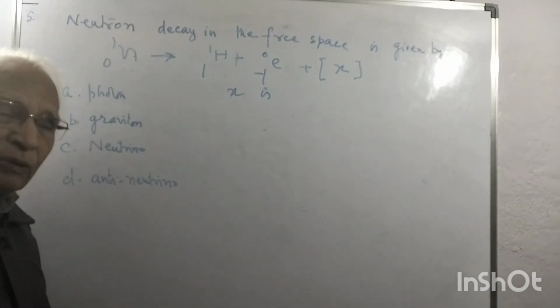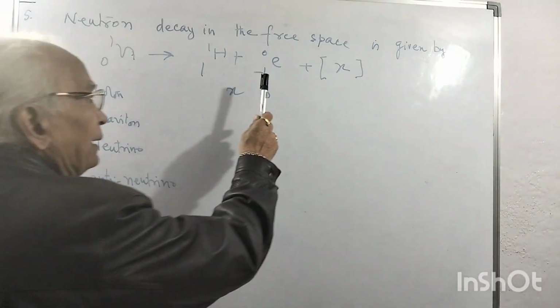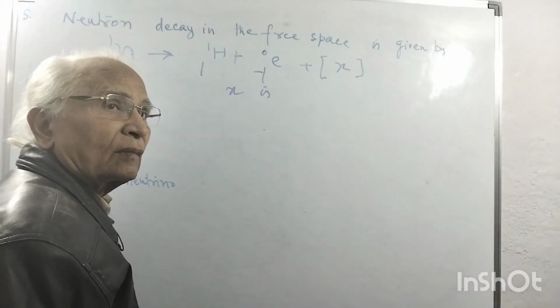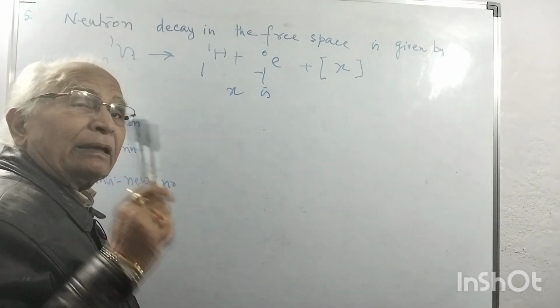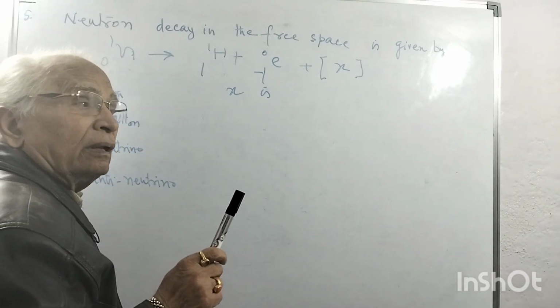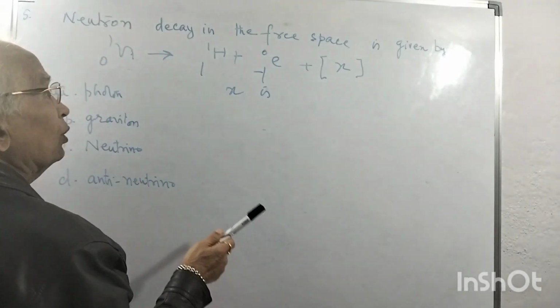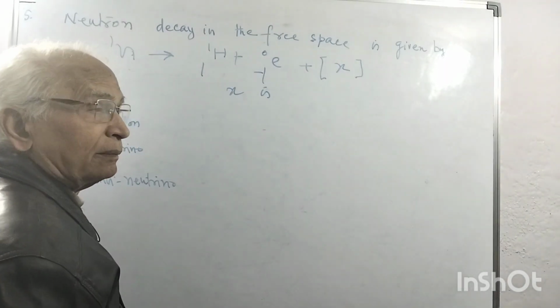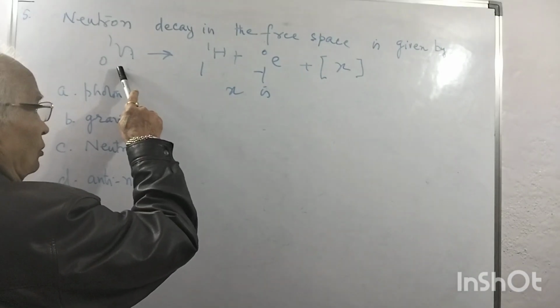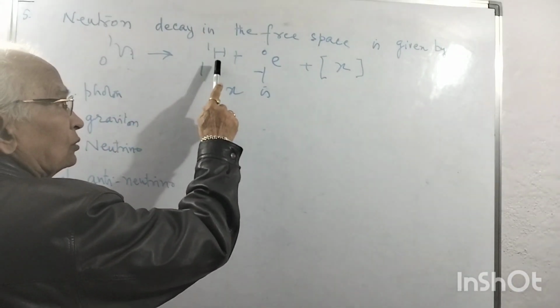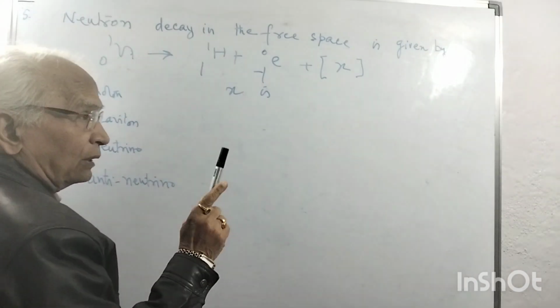But I have explained that when there is a particle here, there should be an antiparticle. Why? In particle physics there is the law of conservation of lepton number. Lepton number on both sides must be conserved. This is a nucleon, so lepton number is 0 here.